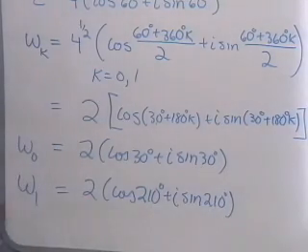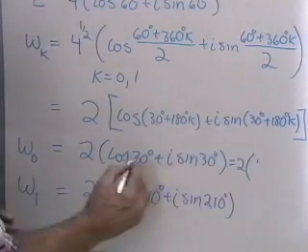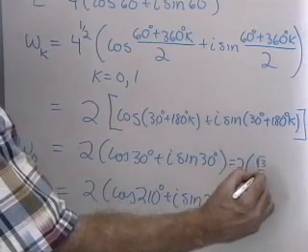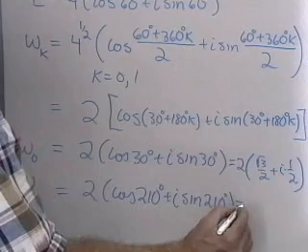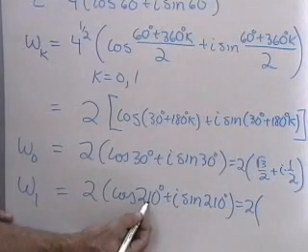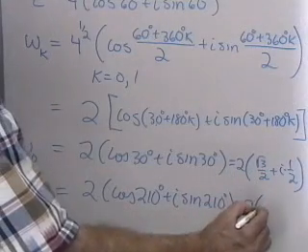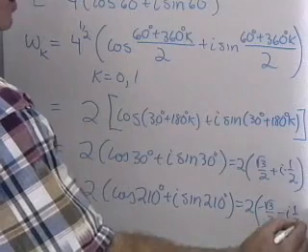210. Now if I want to, I can change these back into algebraic form. This is 2 times cosine 30, which is square root 3 over 2, plus i times 1/2. And this is going to be 2 times, the reference angle is 30 degrees and 210 terminates in quadrant 3, so negative square root 3 over 2 minus i times 1/2.